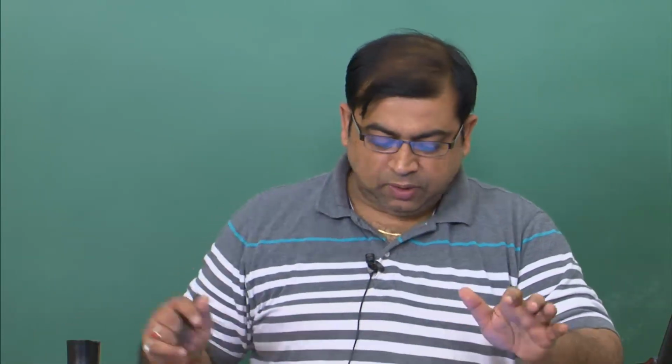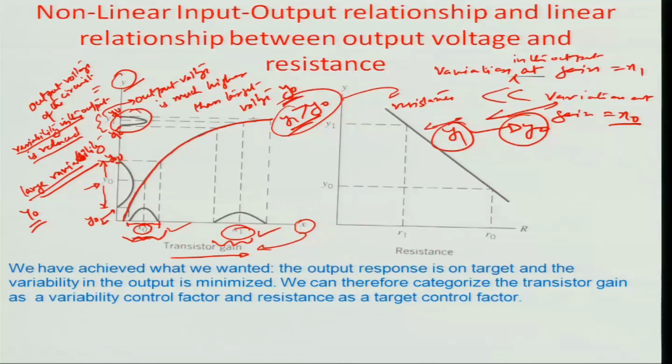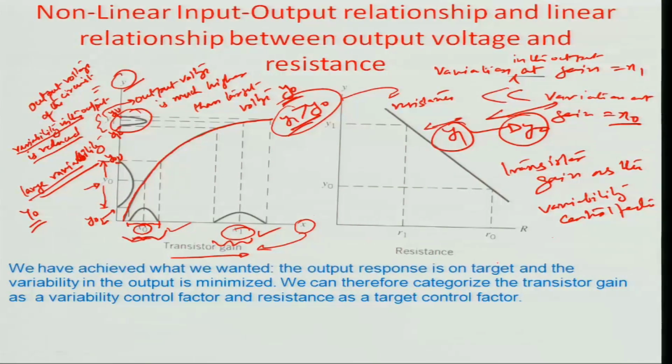So this is how you basically plug in the target control factor and the variable control factor. So in this whole process, you have the transistor gain as the variability control factor, whereas the resistance, or you can say the load resistance, is the target control factor.